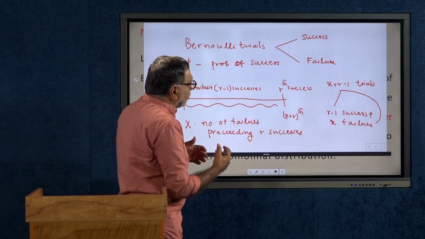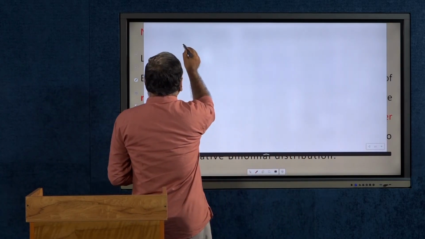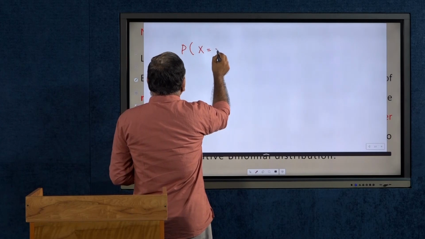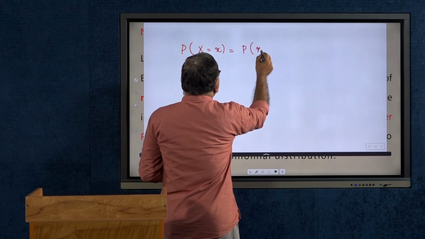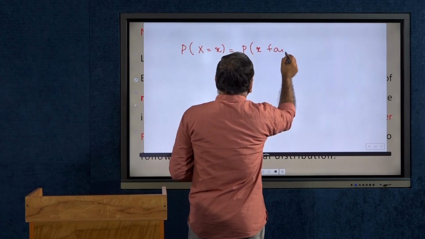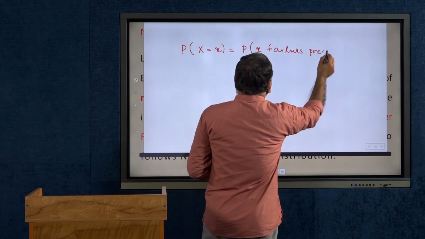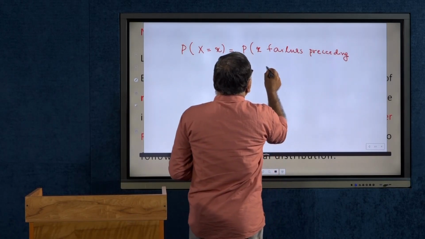And what is the probability of that situation? That is, probability of X equal to x, that means probability of x failures preceding r successes.